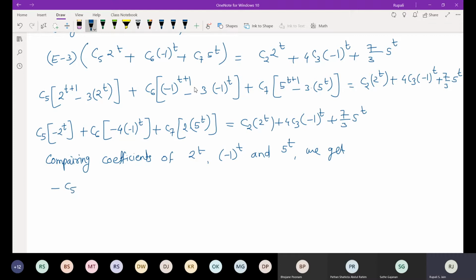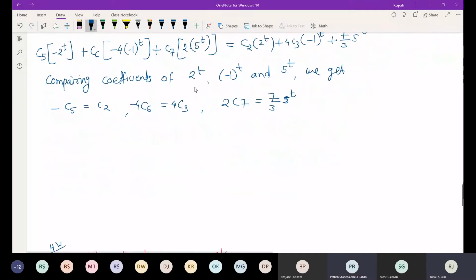Minus C5 is equal to C2. Minus 4 times C6 is nothing but 4 times C3. And 2 times C7 is nothing but 7 by 3.